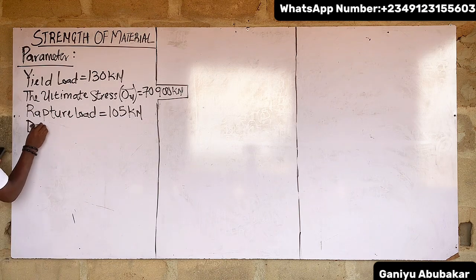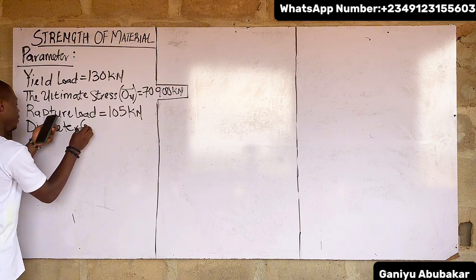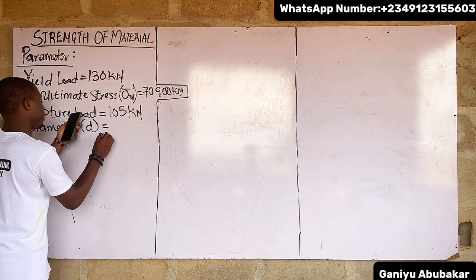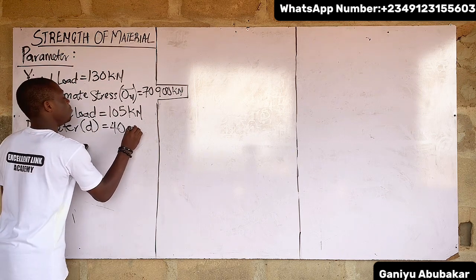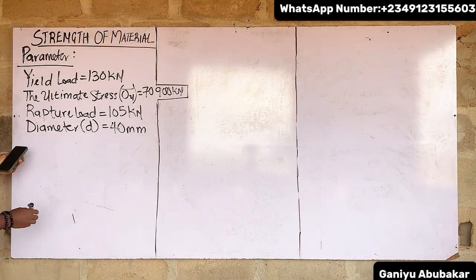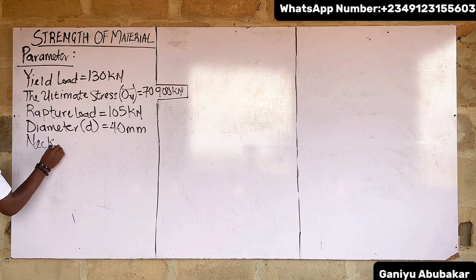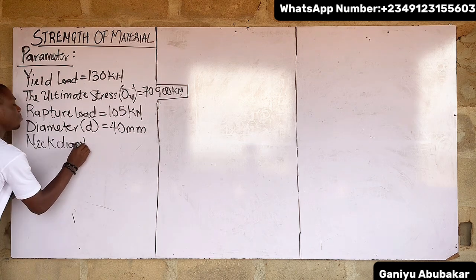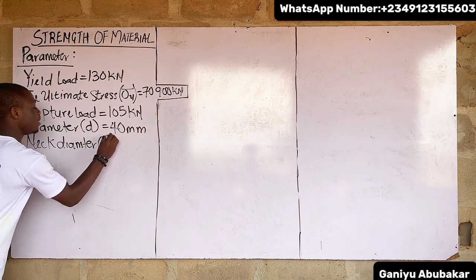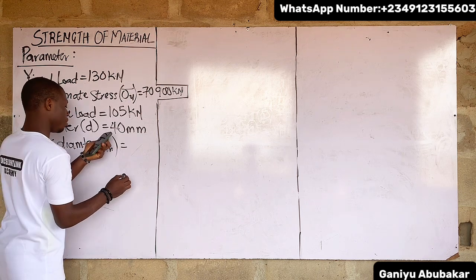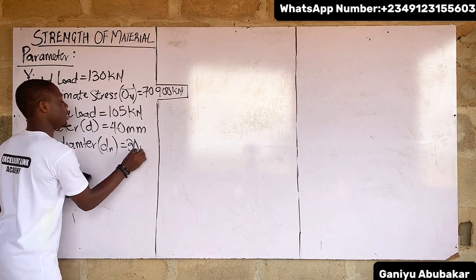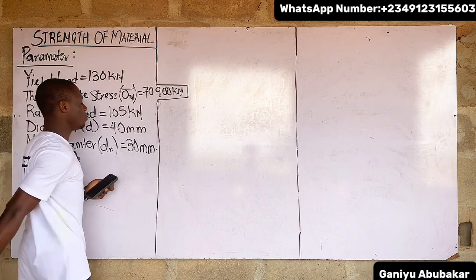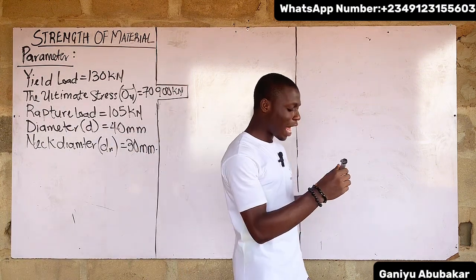So the diameter, D, is equal to 40 millimeter as my real diameter. And I'm also given the neck diameter, DN, equal to 30 millimeter.